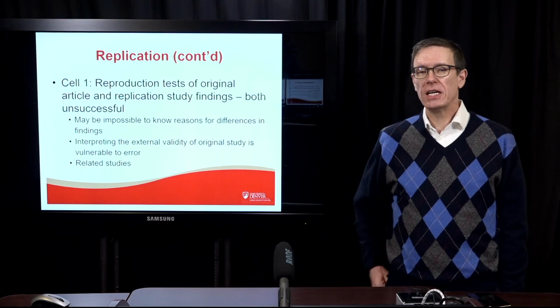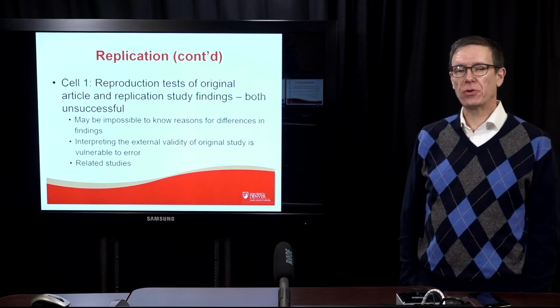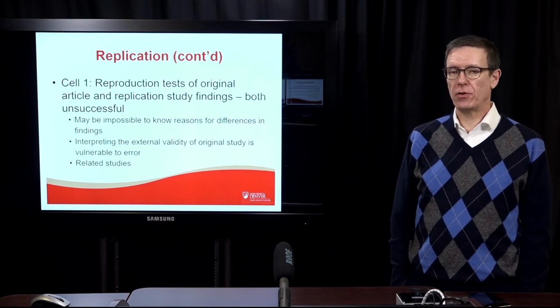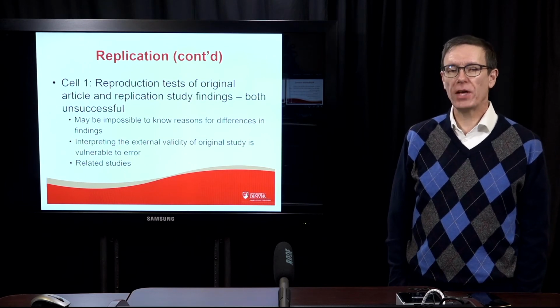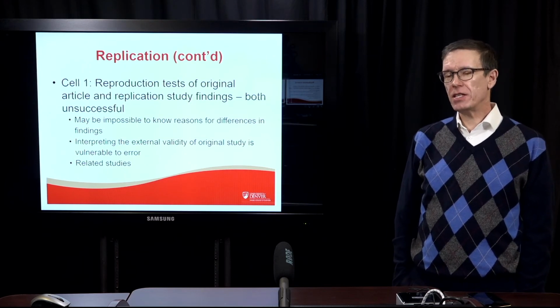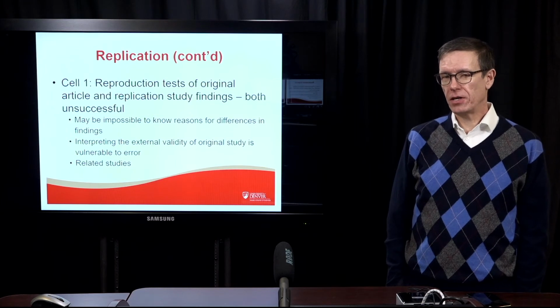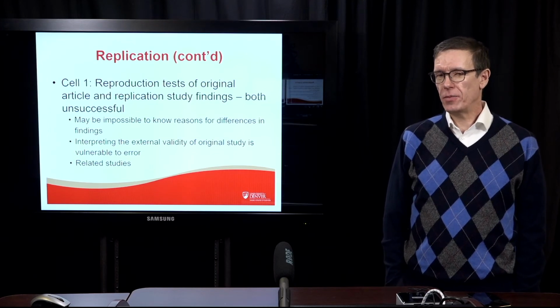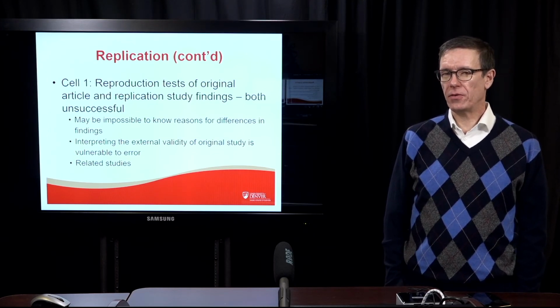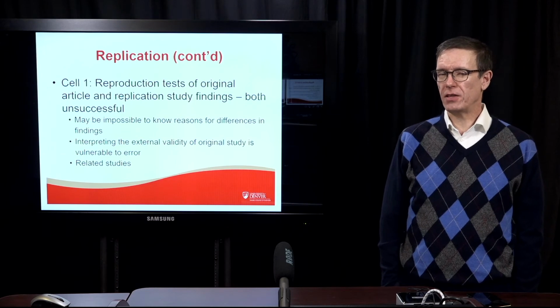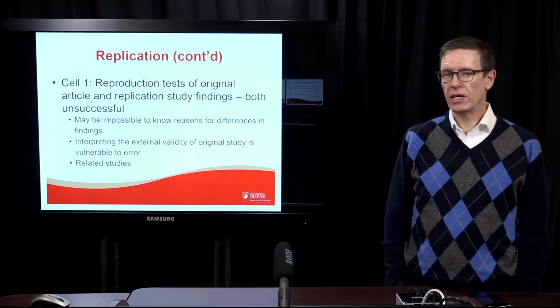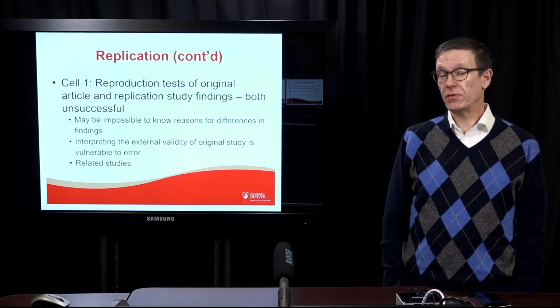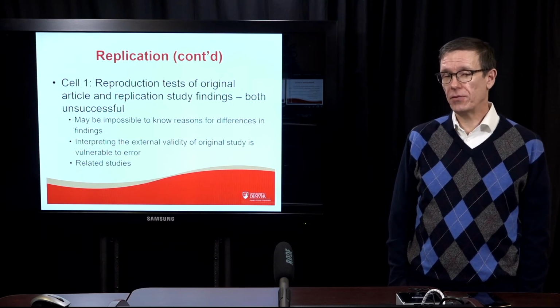actually mean. Cell 1 in that matrix, where the reproduction test of the original article and the replication study findings are both unsuccessful. So in this case, we are unable to reproduce the focal article, and when we replicated it, we got different findings. What does that mean? Now, in many cases, the author of the replication may simply say the initial study wasn't replicable, and the differences in results are due to the replication differences.